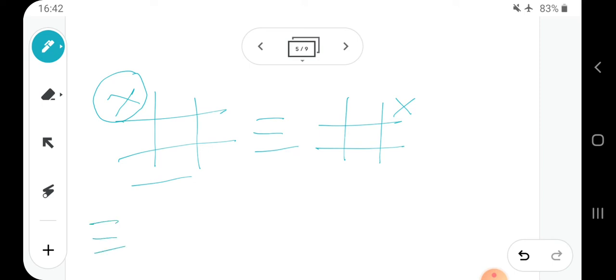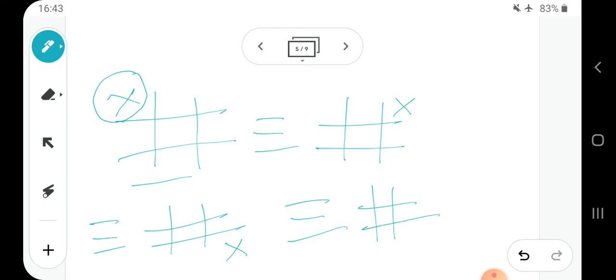Simultaneously, it is also similar to this and also similar to this. So if the first player who is playing with the cross symbol puts the cross in any of these corner positions, whether he marks over here or here or here or here as an initial strategy, all these four board positions are similar.